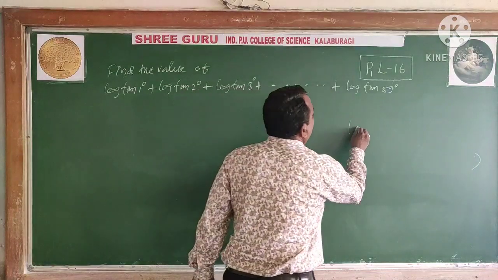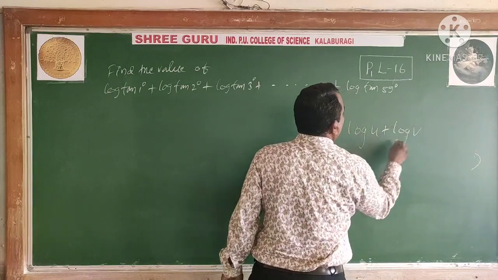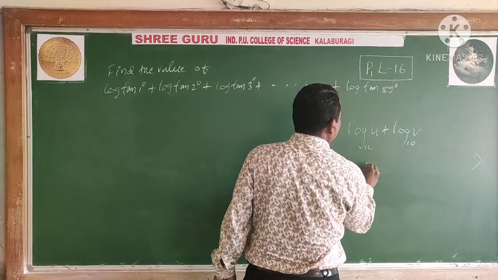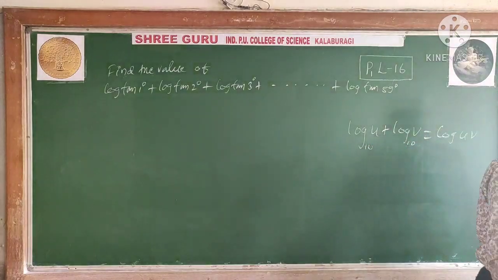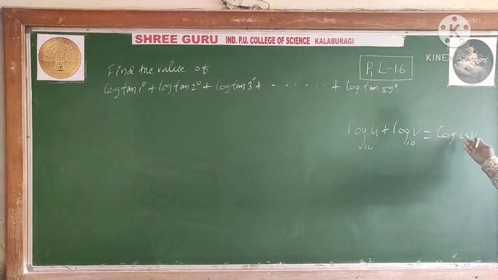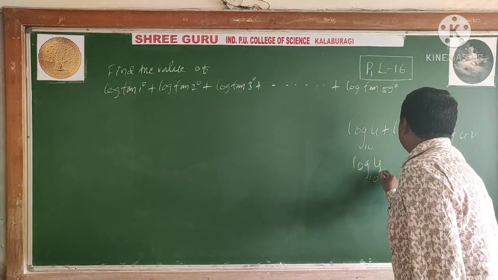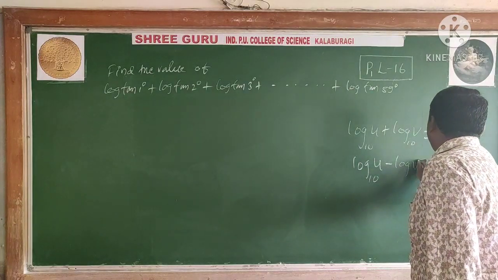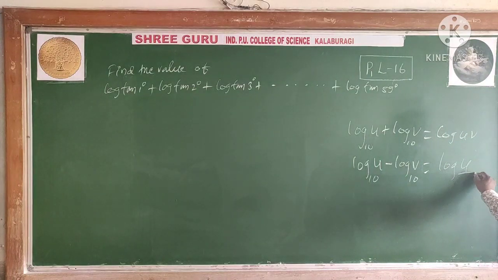You know the logarithm property: log u plus log v to the base 10 is equal to log of u into v. And log u base 10 minus log v to the base 10 or base e becomes log of u by v also.